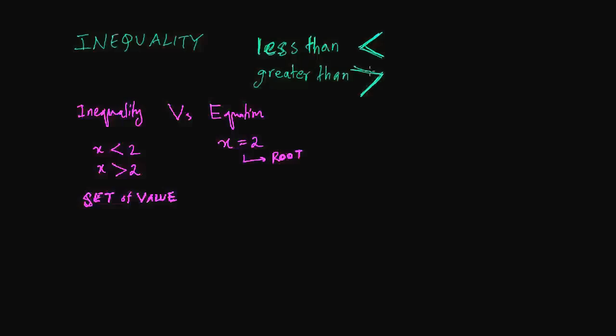The greater than symbol is like this. The less than symbol and the greater than symbol are called the inequalities. From the right they look completely different, so always remember to read them from the left, like you read any text in English. So these are the two inequality symbols.